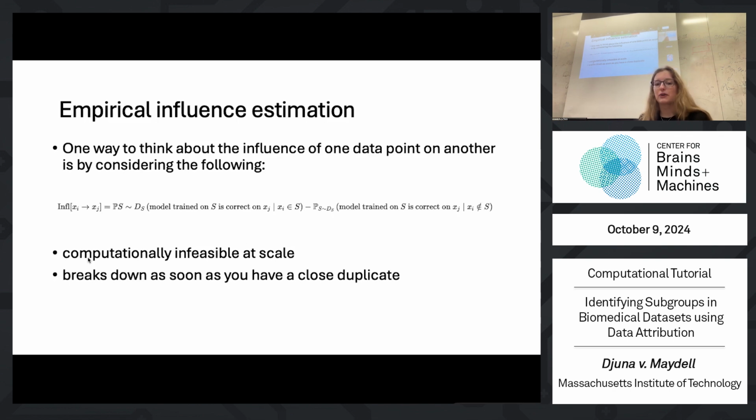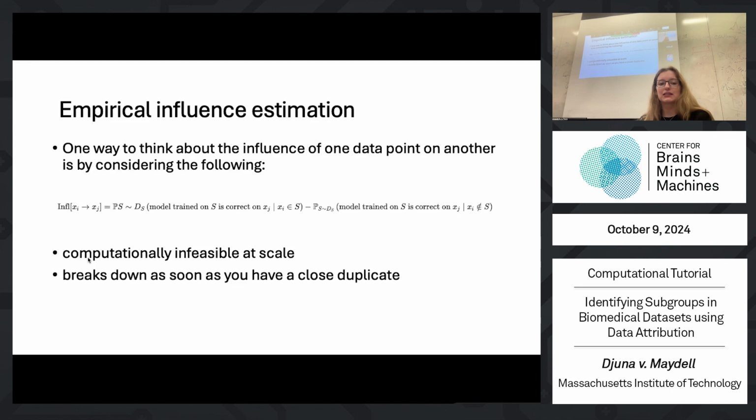Then we see whether there is a significant difference between the distributions: how confident and correct was the model on that held out sample when I keep that training sample in versus when I take it out. In this way, we can measure whether this training sample had an influence on the model's learning and ability to predict the disease label on the held out sample.